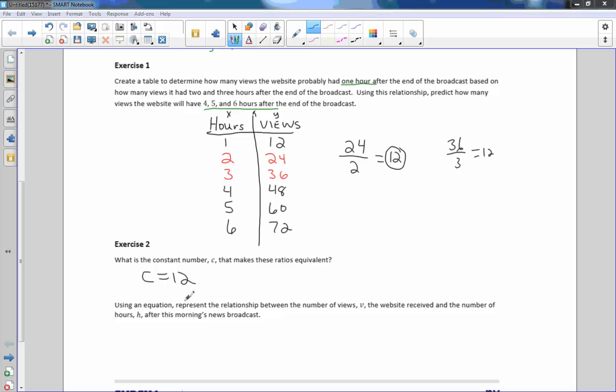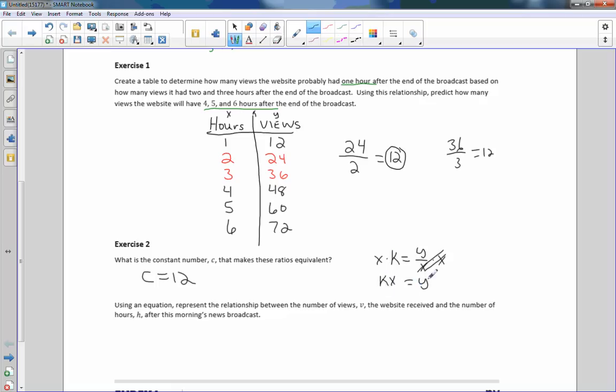Now it says, using an equation, represent the relationship between the number of views V the website received and the number of hours H after this morning's news broadcast. So keep in mind that we have already used the equation K equals Y divided by X. What they're asking for is an equation that's rearranged, and if I want to solve for Y, which is what they're asking for, I would multiply both sides by X. If I multiply this side by X, these X's cancel, and I'm left with Y equals K times X, or just simply KX.